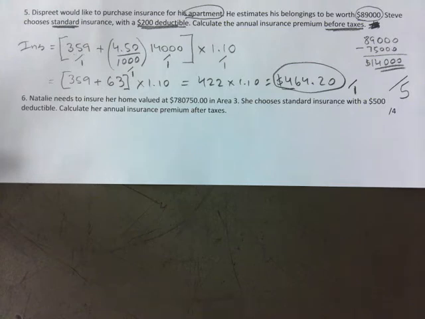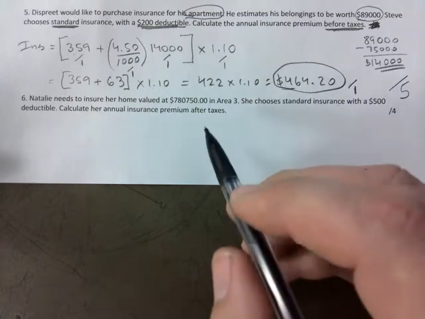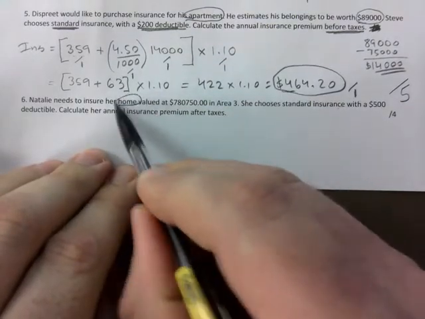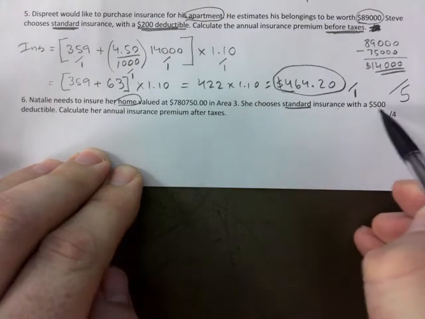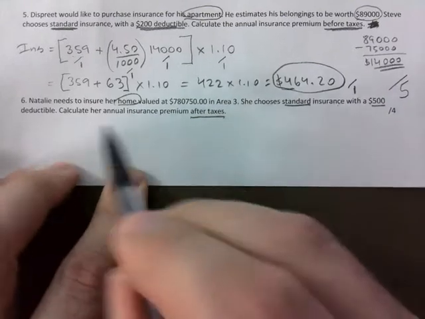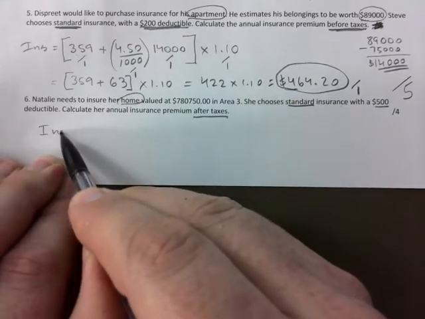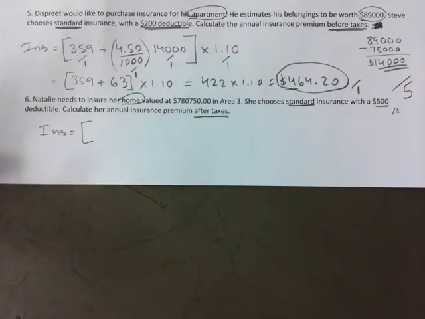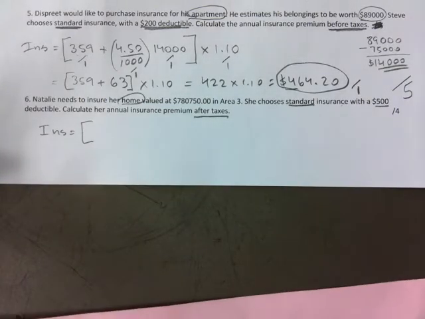Natalie needs to insure her home for $780,750 in area 3. So it's home insurance, right? Standard with a $500 deductible. What is it after tax? So we are definitely going over, right? So we go area 3. We've got to go to the big insurance table. Area 3 standard.